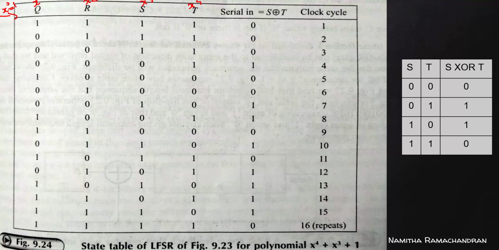Okay, so here you have to XOR these terms, x to the power 4 and x to the power 3. See these two, 1 XOR 1. We know the truth table of our XOR. If both bits are equal, either both 0 or both 1, the output is 0. So here it is 1, 1. 1 XOR 1 is 0. This will form the input to our first flip-flop. So it is shifted to here.